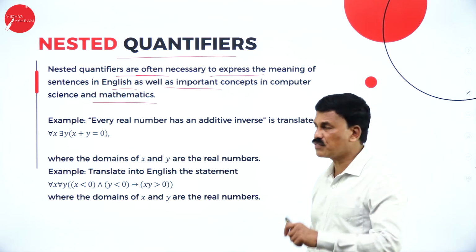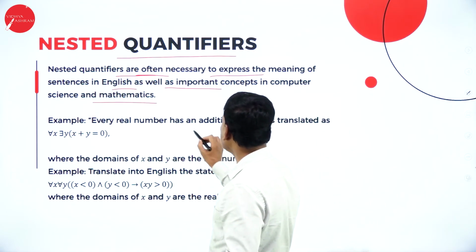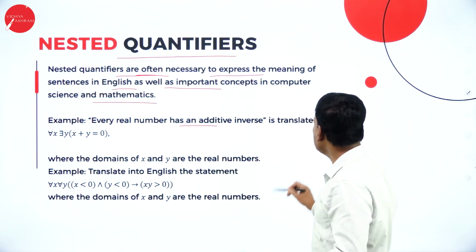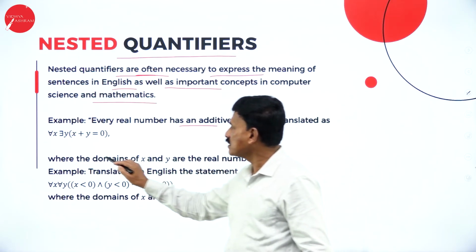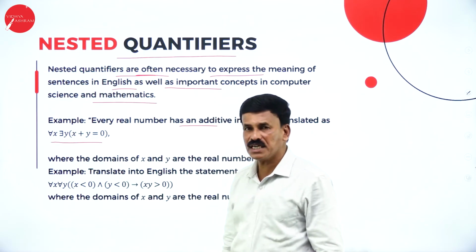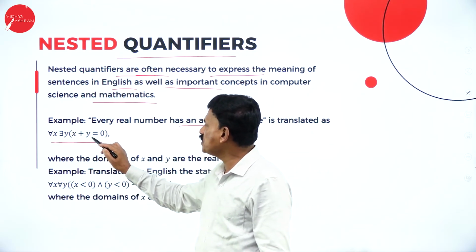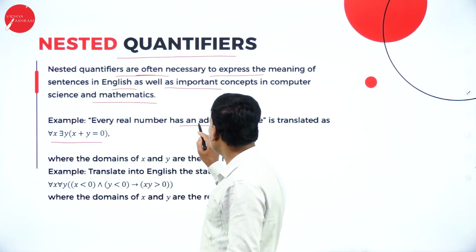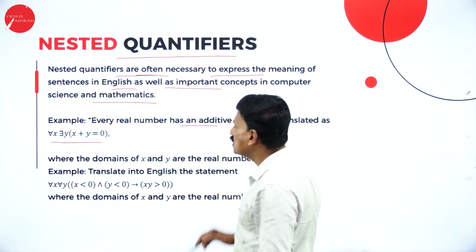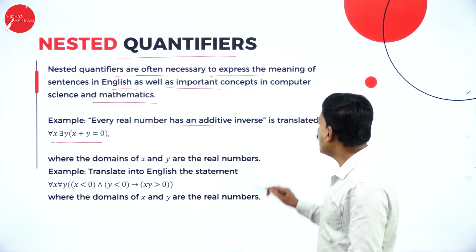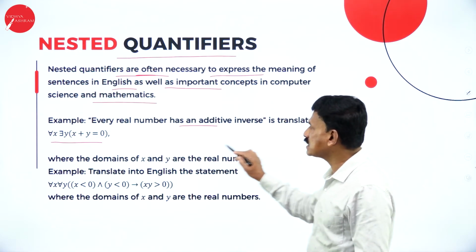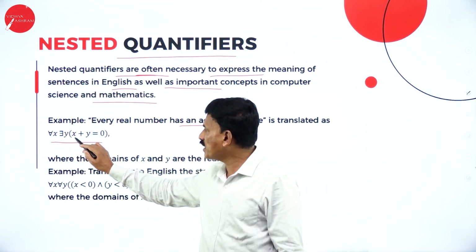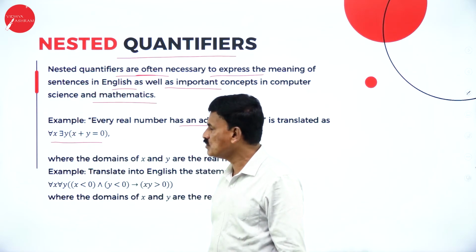So let us consider, for example, every real number has an additive inverse is translated as for all x there exists y such that x plus y is equal to 0.